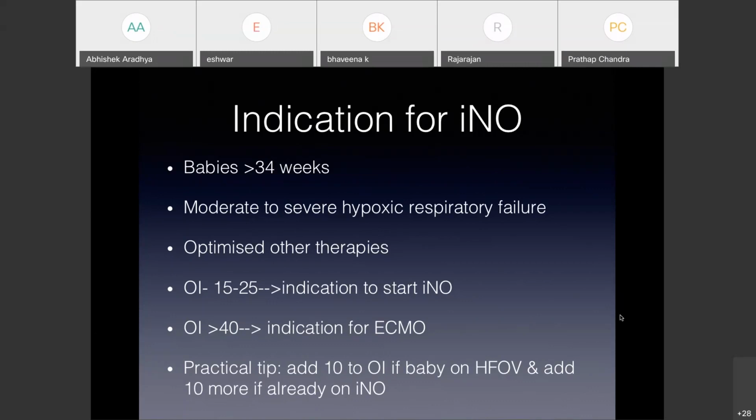Then your actual oxygenation index is 40, because you add 10 for high frequency oscillation and 10 for inhaled nitric oxide. That suggests an OI of 20 in a baby on HFOV and iNO is still extremely high. You should still consider this baby for ECMO therapy if the baby doesn't improve drastically.